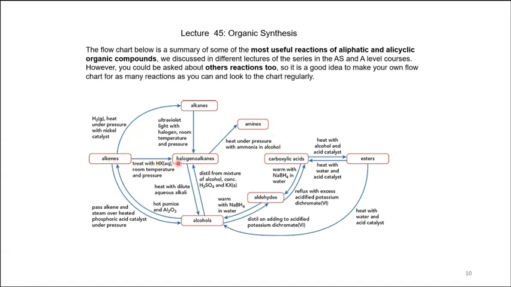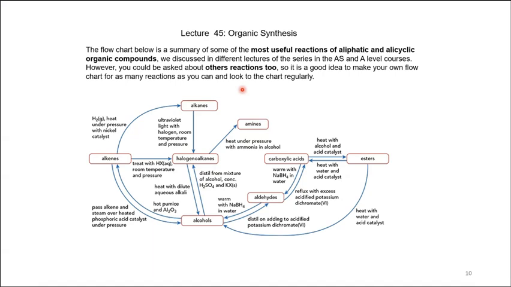From alkenes, we can get halogenoalkanes, which we have discussed. With hydrogen halides at room temperature and pressure, we can get halogenoalkanes. And not only that, alkanes too. So this is how we can make a flow chart to practice these important aliphatic and alicyclic reactions.